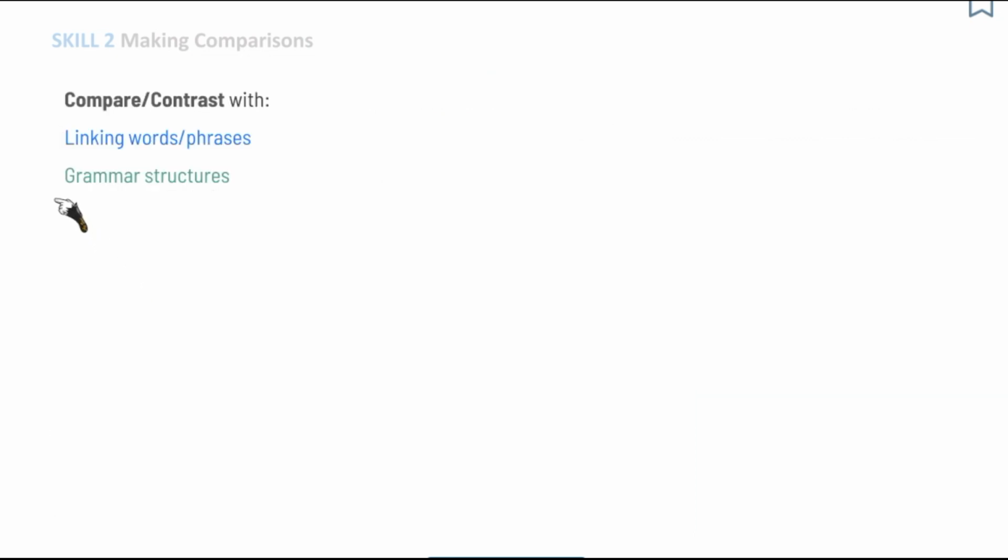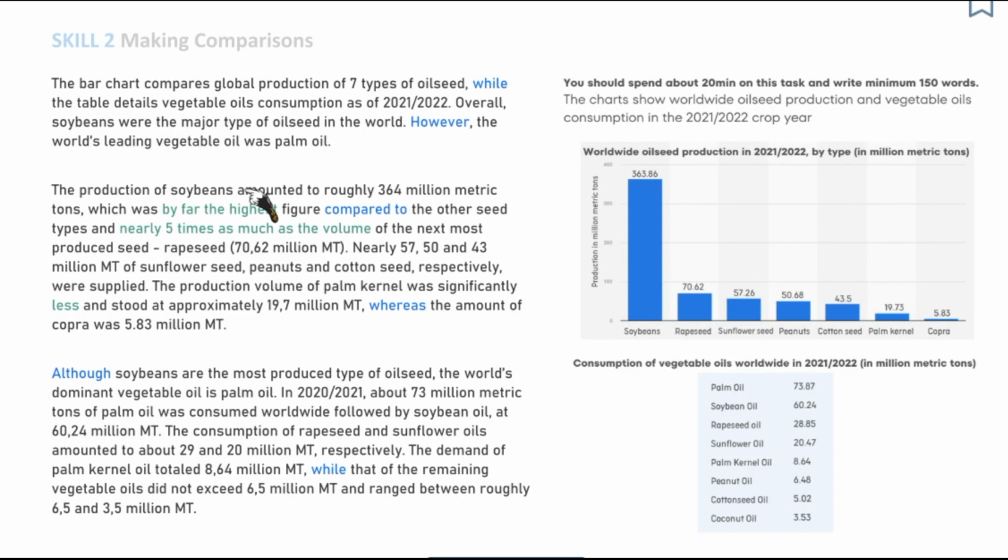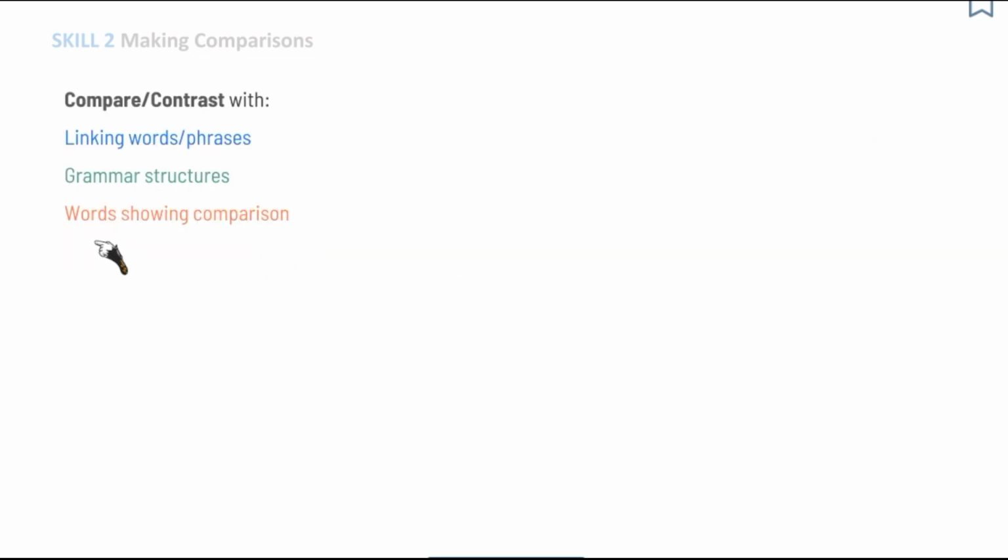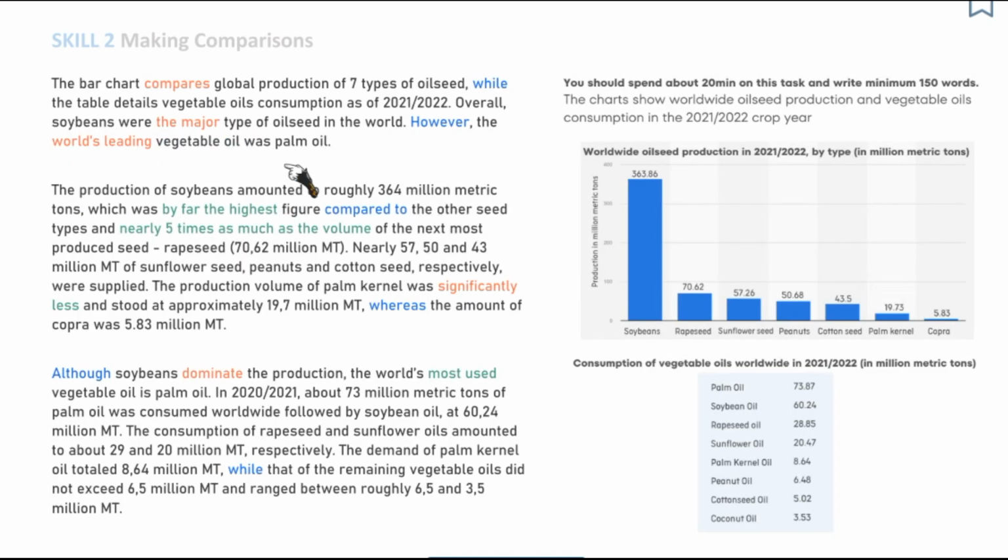Next, we will discuss a few grammar structures that can be used. Now you can see these grammar structures in green. We will talk about them. And finally, a variety of words that show comparison. You can see them now in orange.